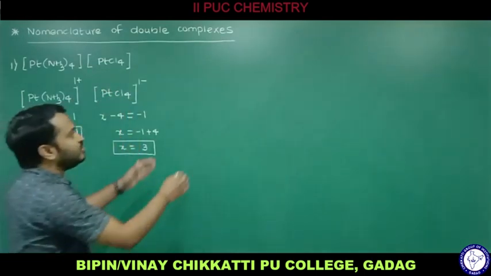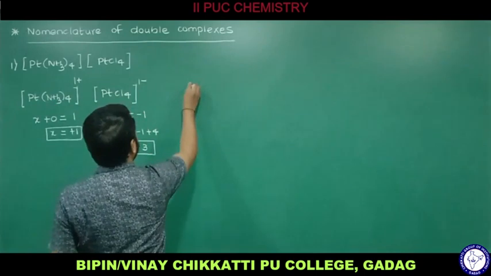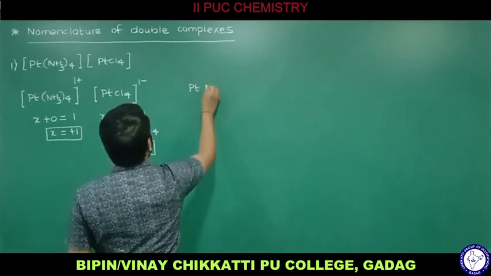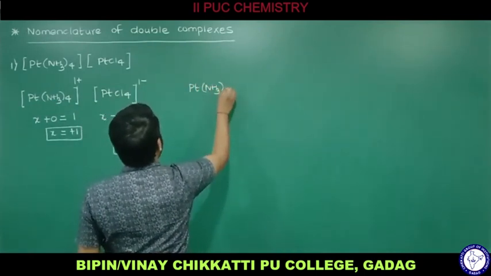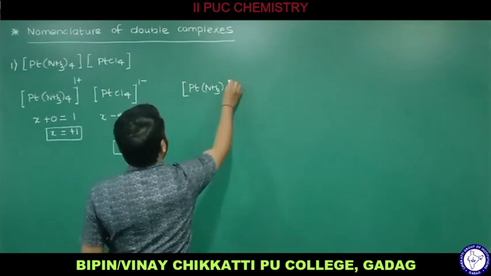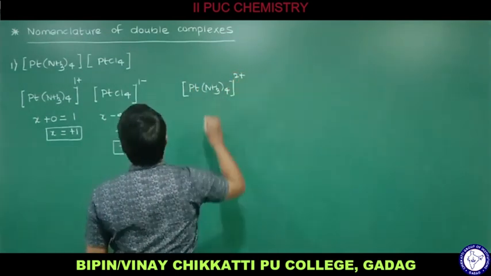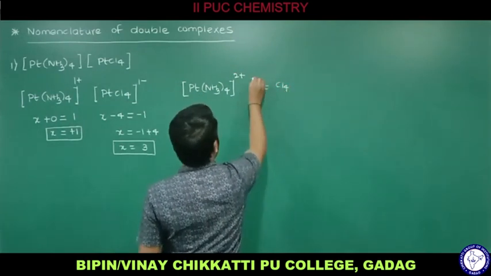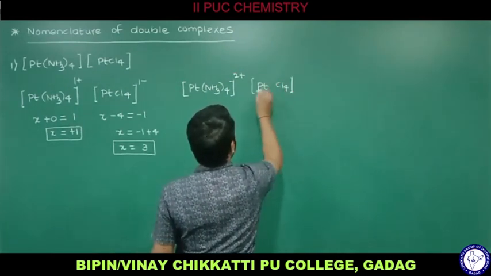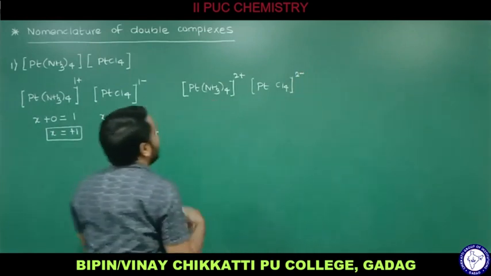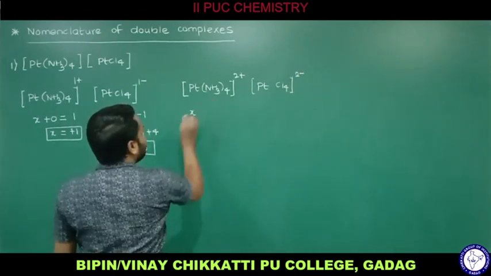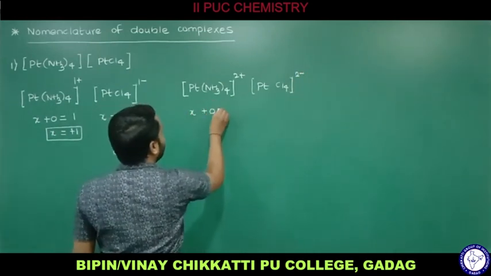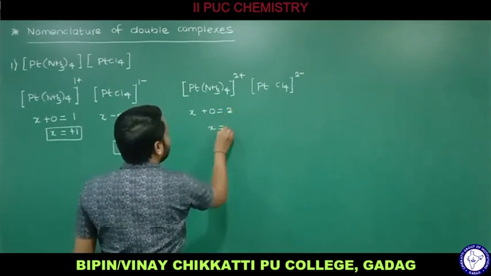We'll see what happens if we consider plus 2 and minus 2. So Pt(NH3)4, which I consider as 2 plus, and one more, PtCl4, with the charge I consider as 2 minus. Let me assume that. So X, since it is a neutral ligand 0, and we have 2, X is equal to 2 plus.